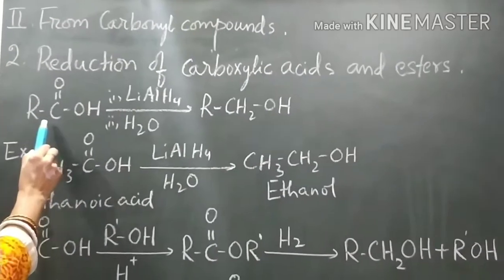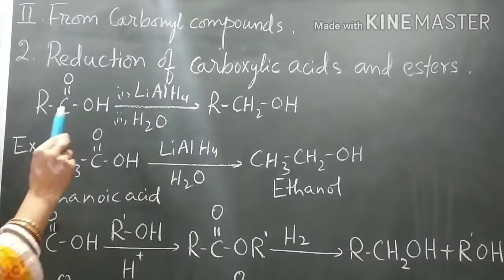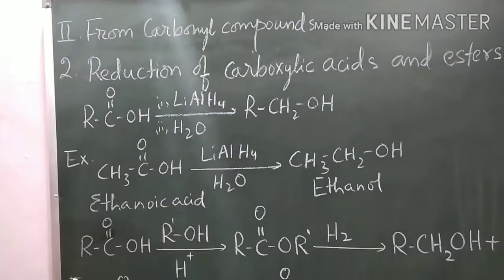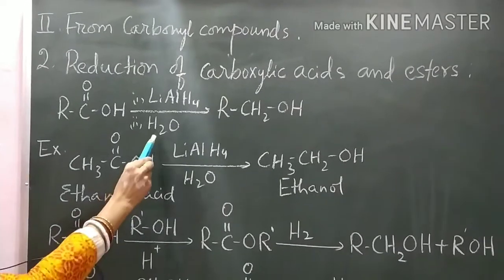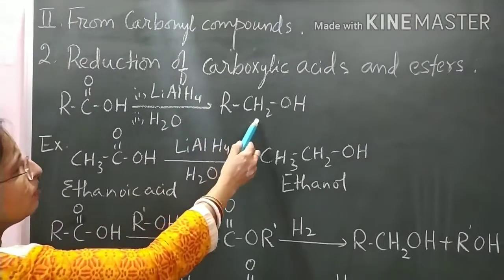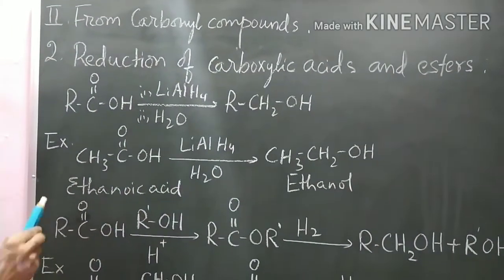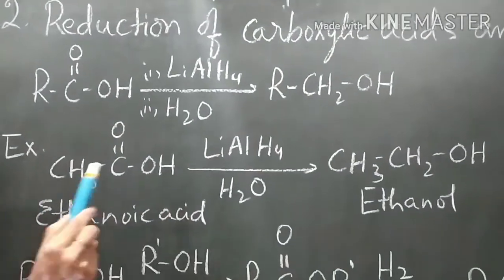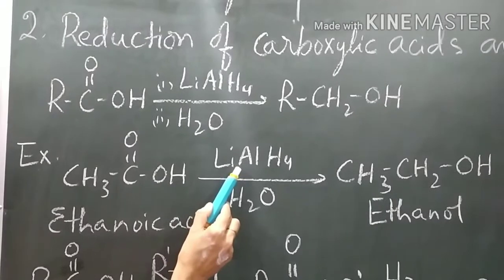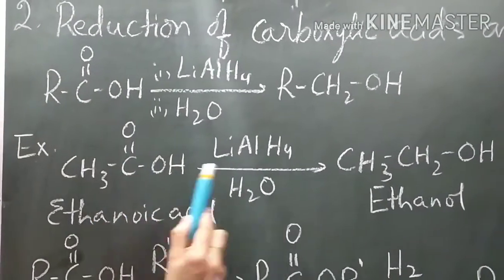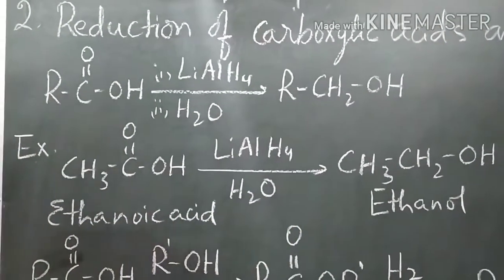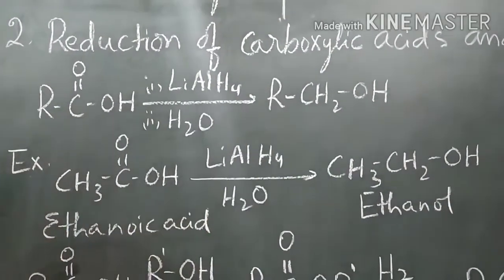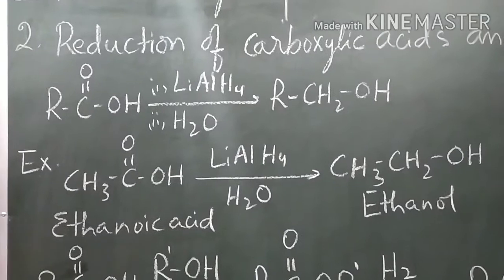When the respective carboxylic acid is reduced with a strong reducing agent like lithium aluminium hydride in the presence of water, the respective alcohol is formed. I have illustrated with one example. When ethanoic acid is reduced in the presence of a reducing agent and water, it gets converted into ethanol. But lithium aluminium hydride is a highly expensive reducing agent.